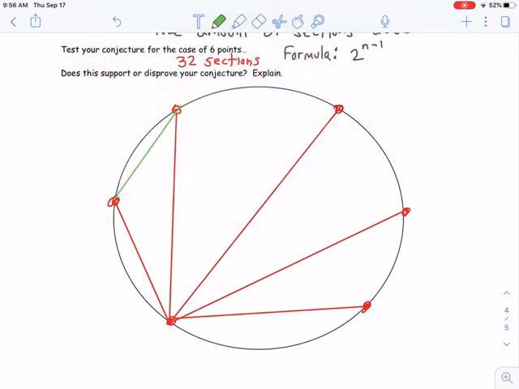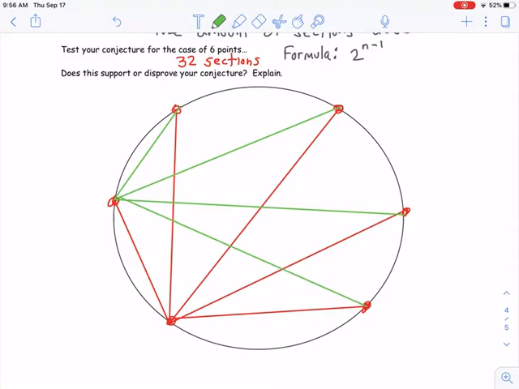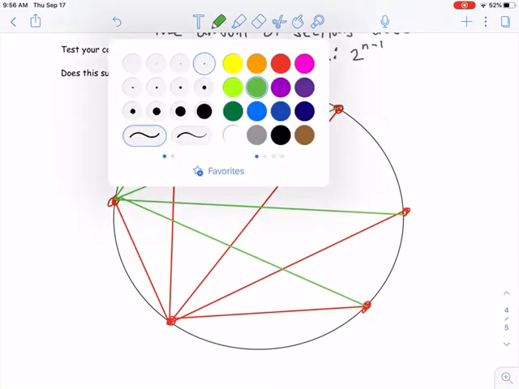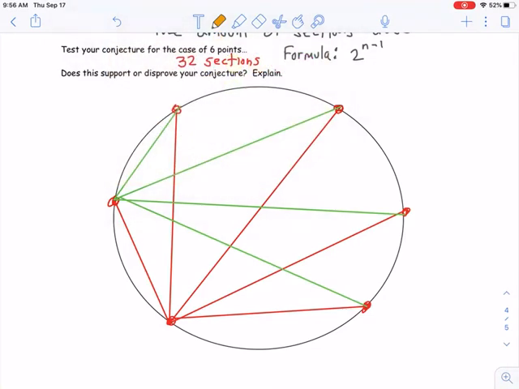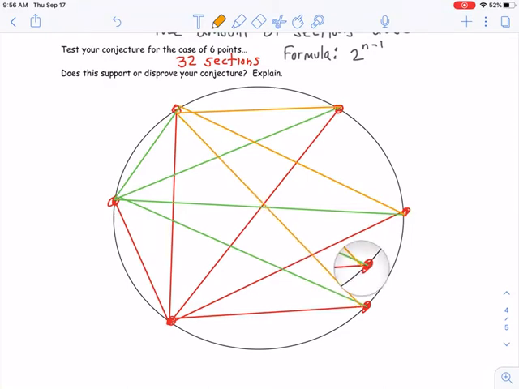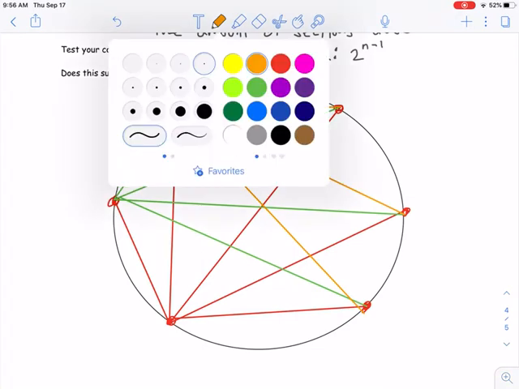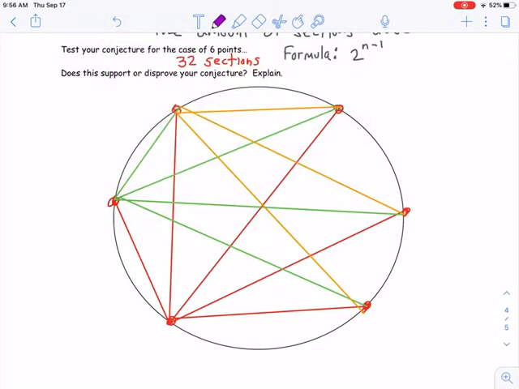This one should have 5 as well. Onto here. Boom. Boom.